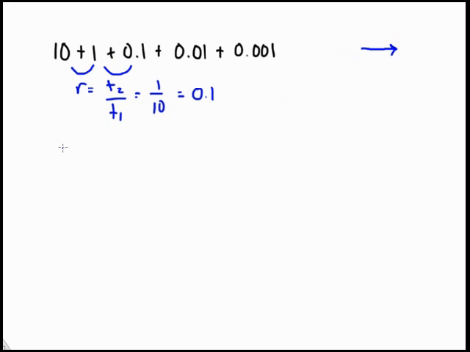Now let's see what happens when we start adding these numbers together. The sum of the first two terms would be 11. If we add the third term, it would be 11.1. If we add the fourth term, those four terms together is 11.11. The sum of the first five terms, 11.111.